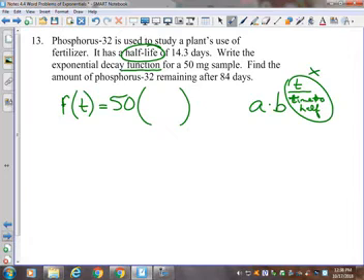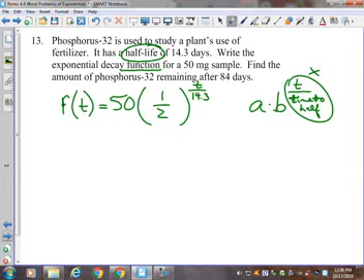Now I can put a half in there or 0.5, whichever you prefer, but I'm going to put a half in there to show you that that's where the 0.5 in the previous formula came from. Then my power has to be T divided by how many days it takes to half, which is 14.3. So that's my function that I'm supposed to write.